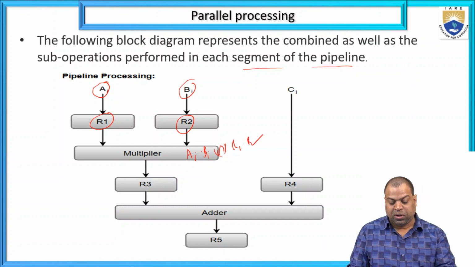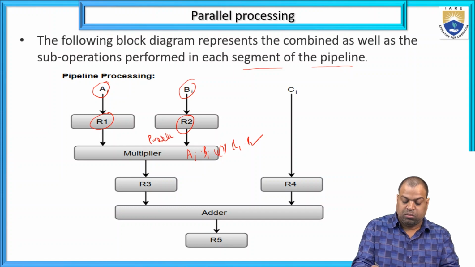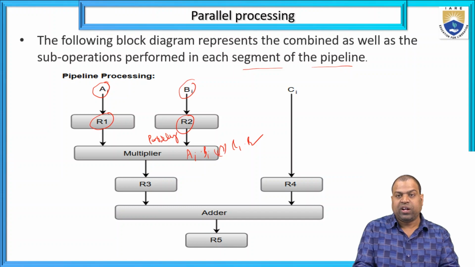In parallel the R1 value and R2 value are stored in the multiplier. So R1 into R2, or A into B, the multiplication is performed. Here R3, so what is the result?